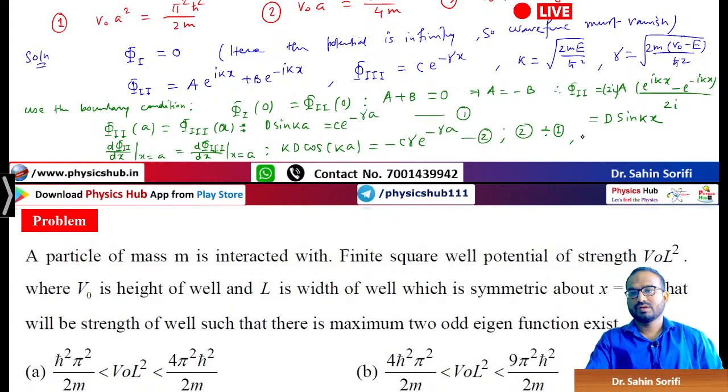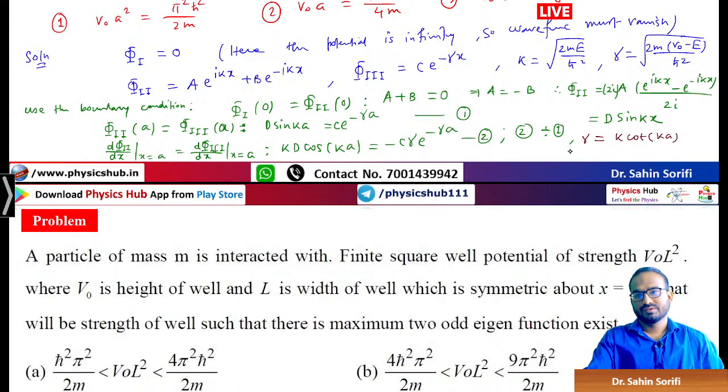So gamma we are writing first. Gamma is equal to k cot ka. Let's multiply a on both sides. So gamma a is equal to ka cot ka. So gamma a is equal to, let's say, eta.